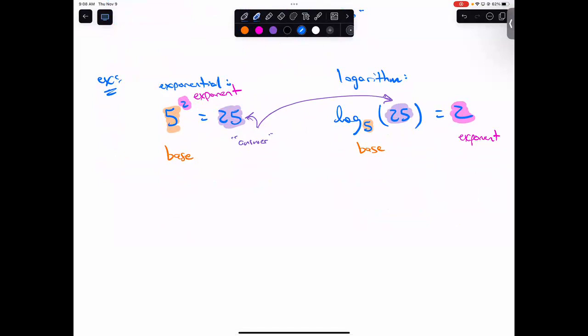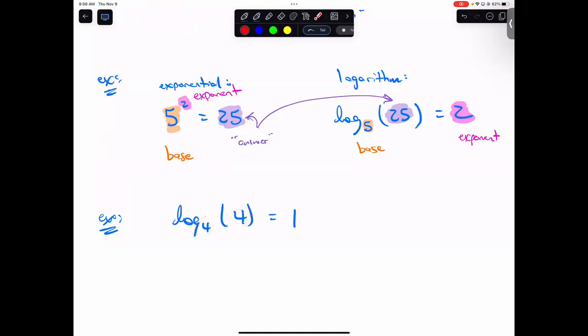Okay, so what's the log base 4 of 4? 1. Because the question the log asks is, how many 4s is this? How many of these are in here?